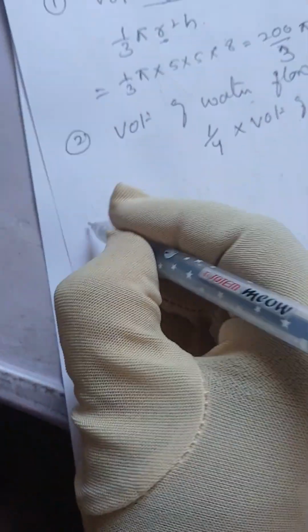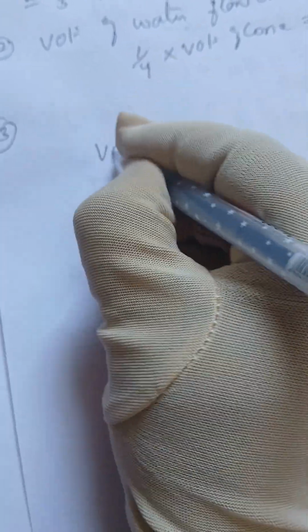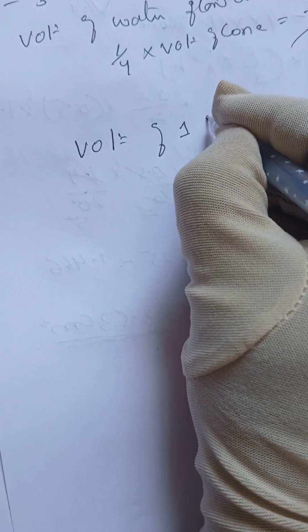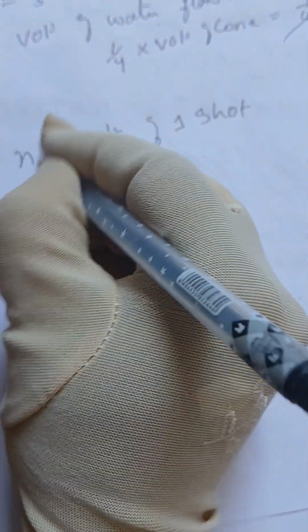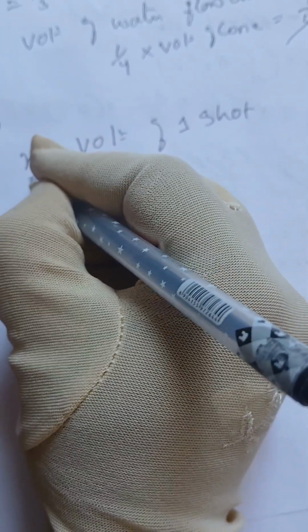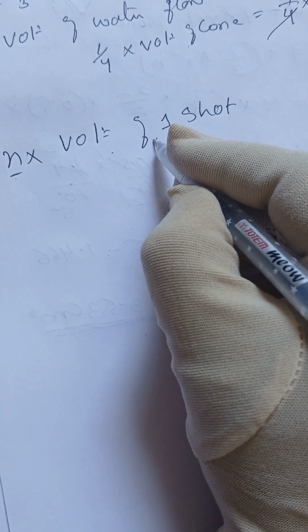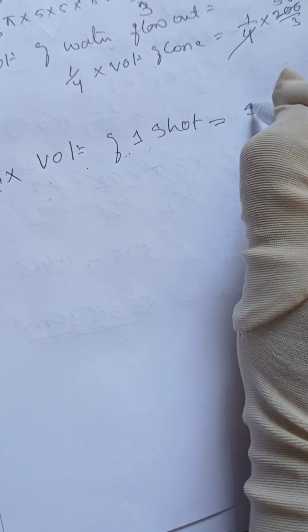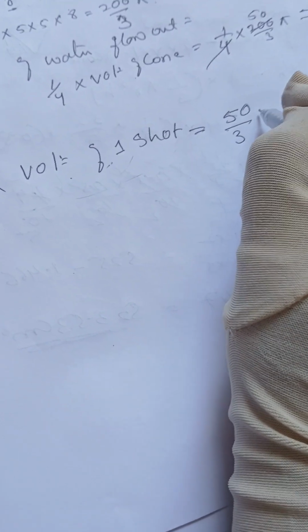Now the third part is to calculate the number of lead shots. The volume of one lead shot, multiplied by n, the number of lead shots we have put, equals the water that came out, 50 by 3 pi.